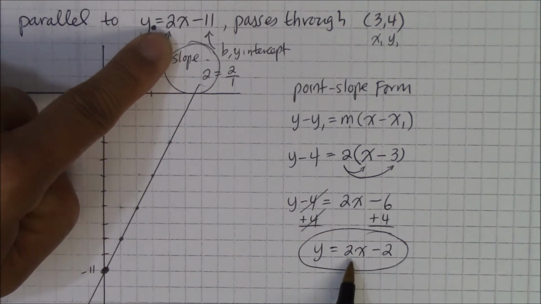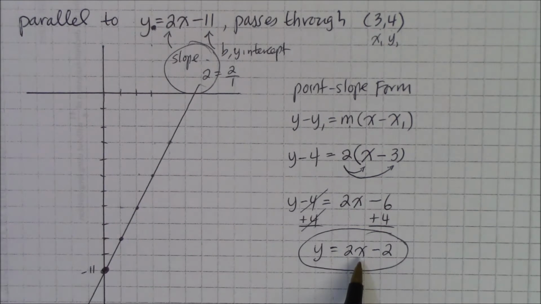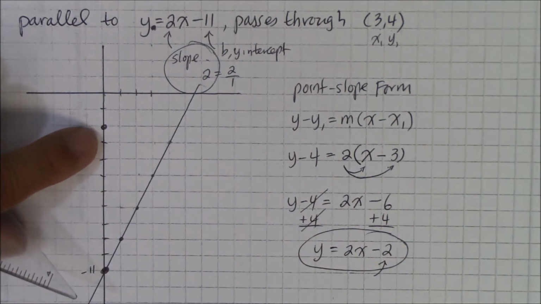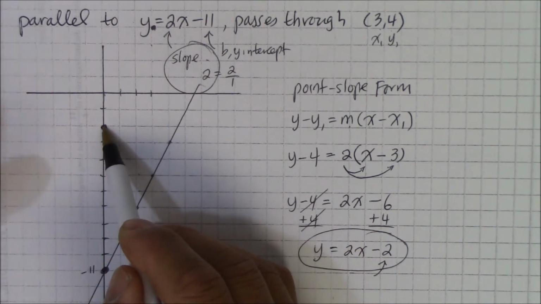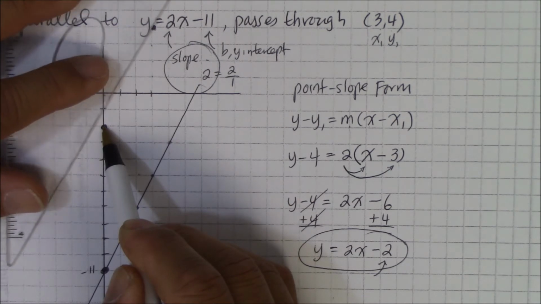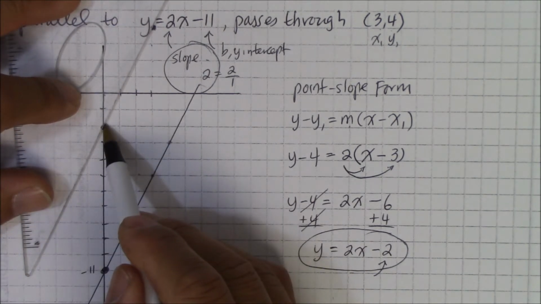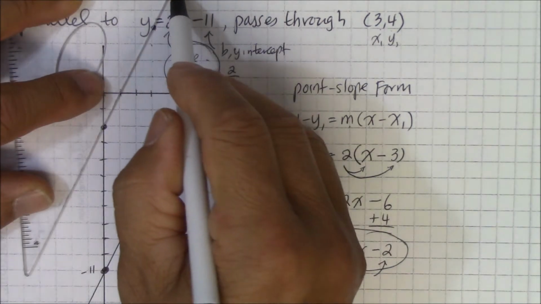That becomes the equation that is parallel to the original, and they have to have the same slope. Let's graph this to see if they are in fact parallel. The y-intercept on this one is now negative 2, not negative 11. If I draw this line through the y-intercept and the given point, which was 3, 4, look what I have.